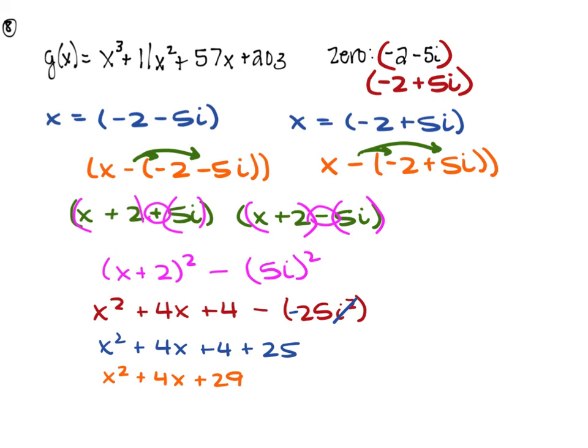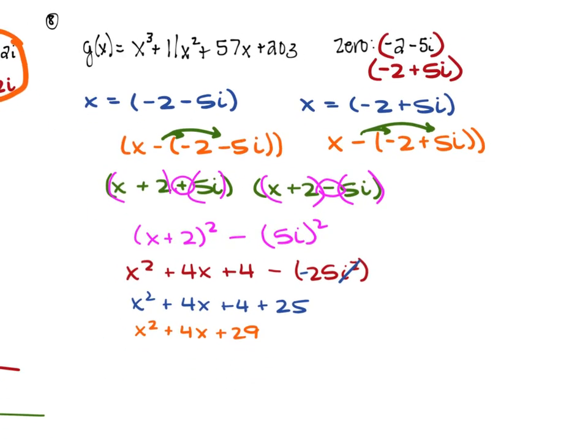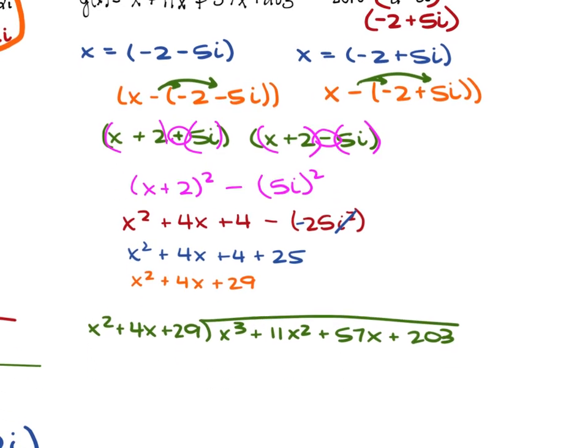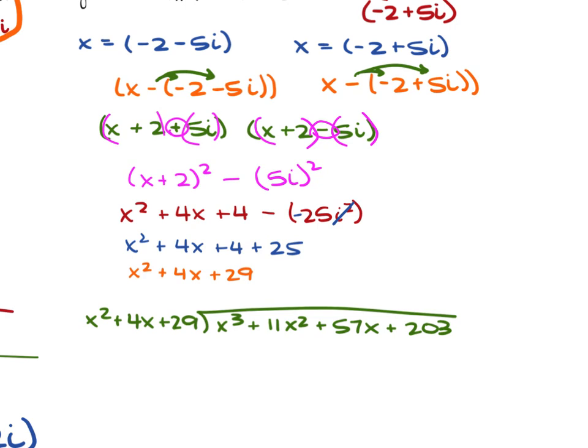And now we're going to use long division. So we'll take the x cubed plus 11x squared plus 57x plus 203 and divide it by x squared plus 4x plus 29. So I'm going to put this on the outside. The x cubed plus 11x squared plus 57x plus 203 goes on the inside. So x squared times what is x cubed? It's just x.